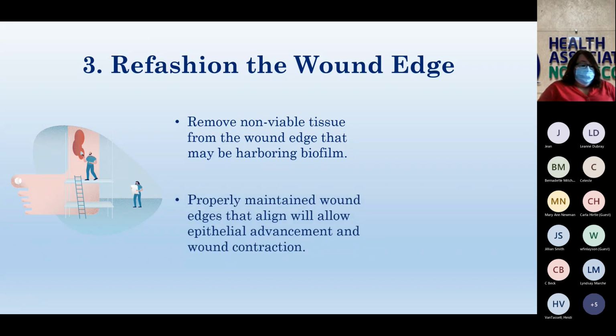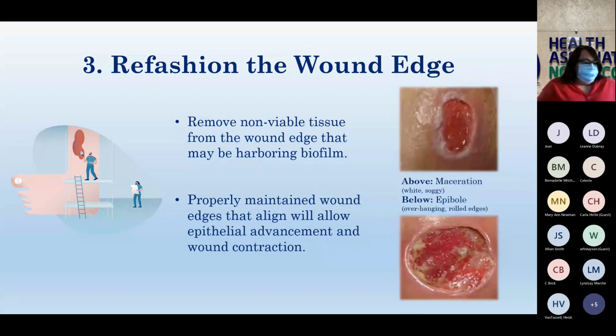Properly maintained wound edges that align without rolled edges or maceration, such as pictured here on the screen, are common in chronic wounds. This will allow epithelial advancement, wound contraction, and move the wound closer to closure.